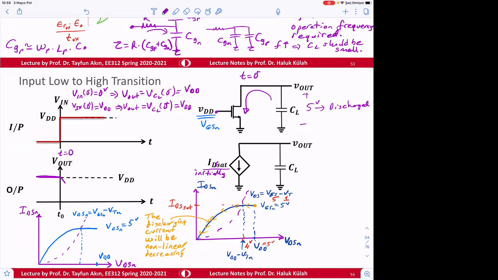Because the current in this region is flat and maximum. But after that, it will be decreasing like this. Initially, linear discharge with IDS sat current.